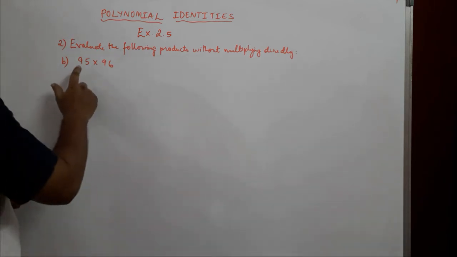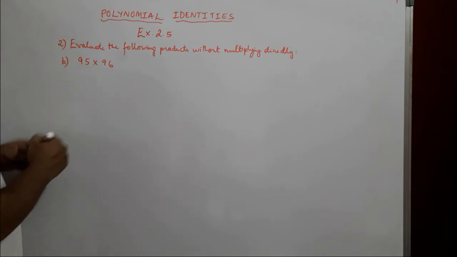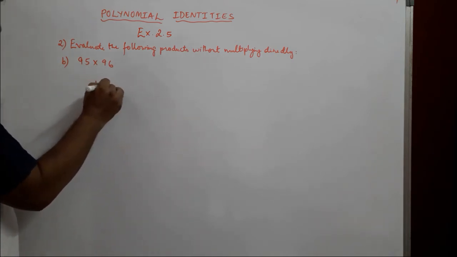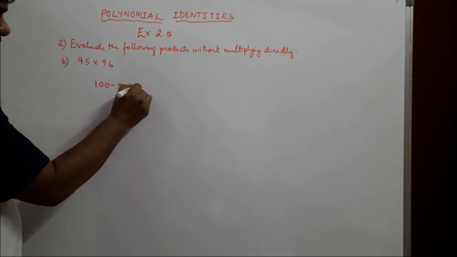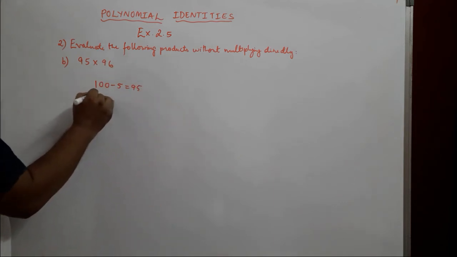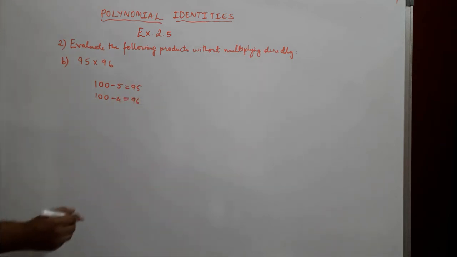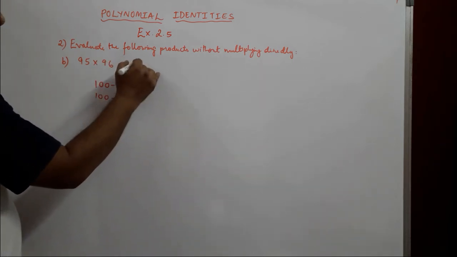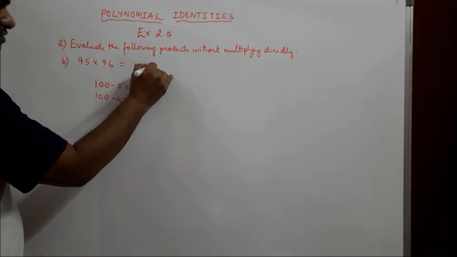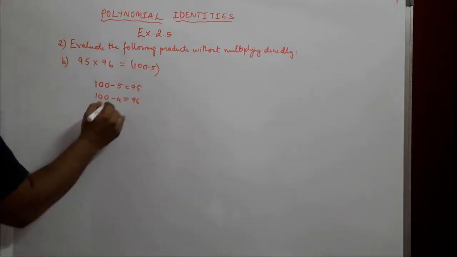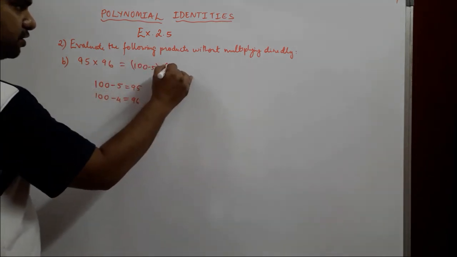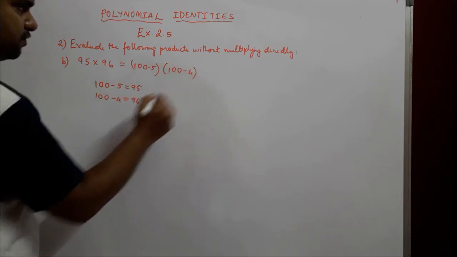So if we want this in 100, 95 is 100 minus 5, and 96 is 100 minus 4. So in place of 95 we put 100 minus 5, and in place of 96 we put 100 minus 4.